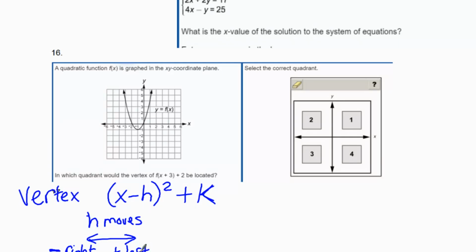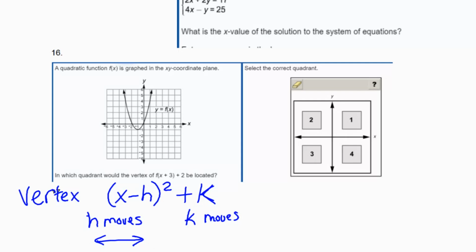The k value, what? You put right on the left side. Like, you're on the wrong side. Uh-oh. I'm confused. Okay, so when I have this minus h, it moves it to the right.